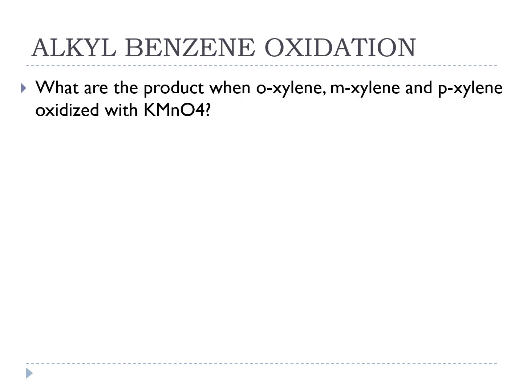Okay, the question is, what are the products when orthoxylene, metaxylene, and paraxylene are oxidized with potassium permanganate? Remember, what is xylene? Xylene is a compound where two methyl groups are attached to a benzene ring.